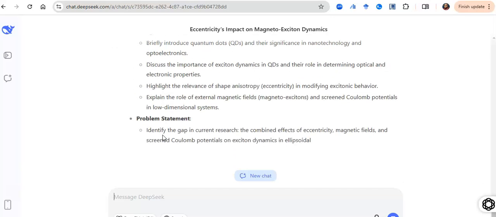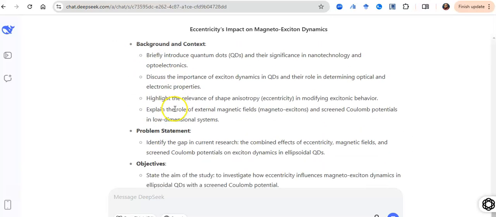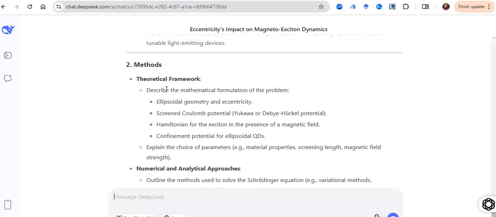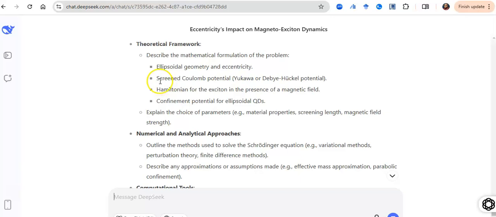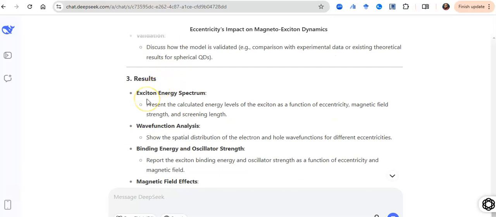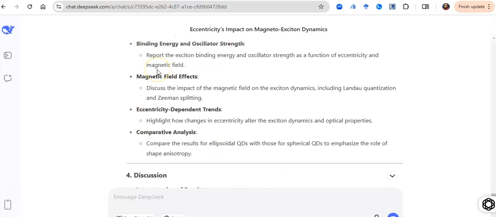It's going to tell me, oh, begin with writing an introduction, have a background and context, put up the problem statement, put out the objectives and the significance of the study, then go to the method where you describe the mathematical formulation of the problem, and choose some numerical analytical approaches, and use some computational tools, then get to the result where you explain the exciton energy spectrum, where you talk about the wavelength analysis, where you discuss the binding energy and the oscillator strength and the magnetic field effect, the intrinsic dependent trends, and all of those beautiful things.